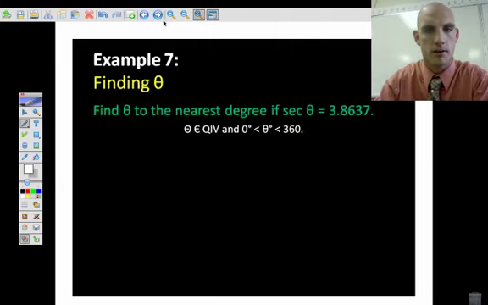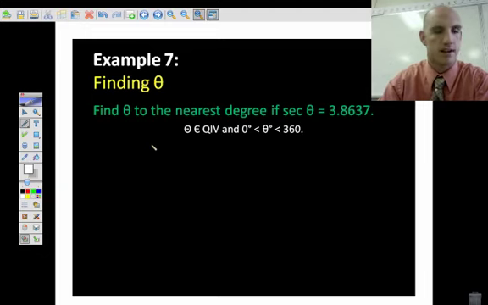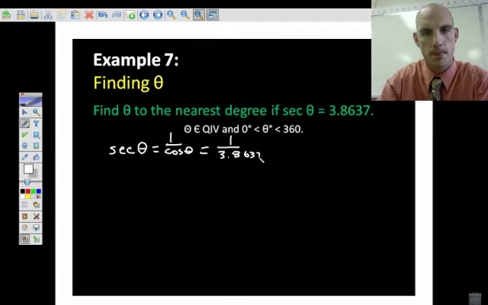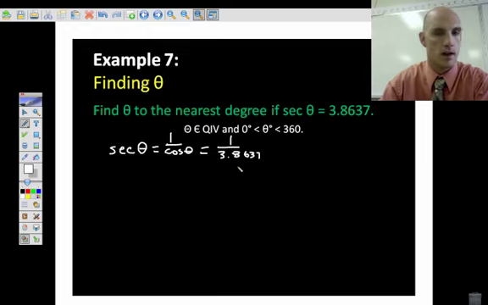Here's another example. It's a secant. If we've got a secant here, let's look at what we've got. Secant of theta is equal to one over cosine theta.